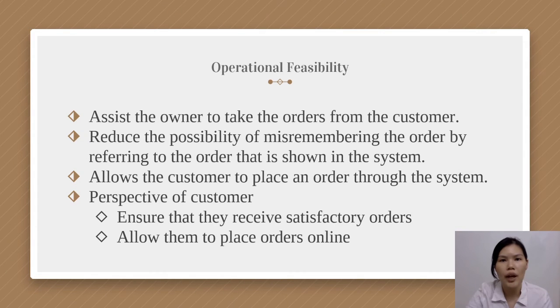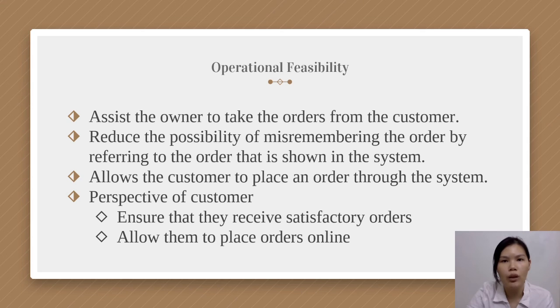In this case, we expect that our client, the owners of Ikim Burger, will be satisfied with the sales order system we designed, since it can assist the owner to take orders from the customer. Usually, the owner will only take the customer orders by remembering them. Through the assistance of the system, it can reduce the possibility of misremembering the order by referring to the order shown in the system.